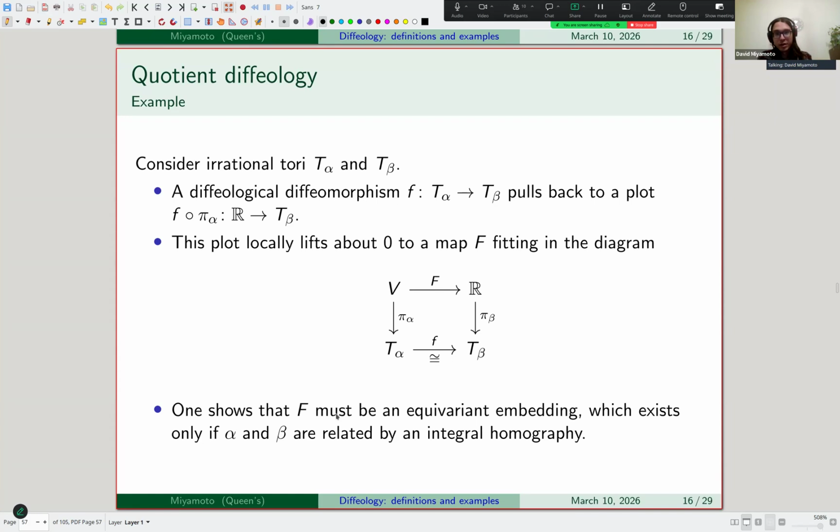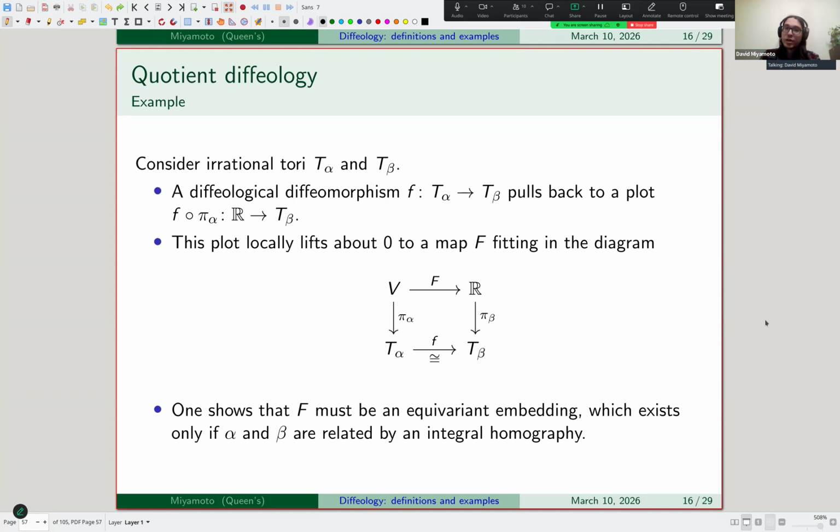And one can show that the only way to have this commutative square with this map being invertible, in particular, the inverse will also have a lift here, is if F is an equivariant embedding. This is a non-trivial thing, and I'm not going to go into it too much, but this is the point: this lifting exists if and only if F is an equivariant embedding.